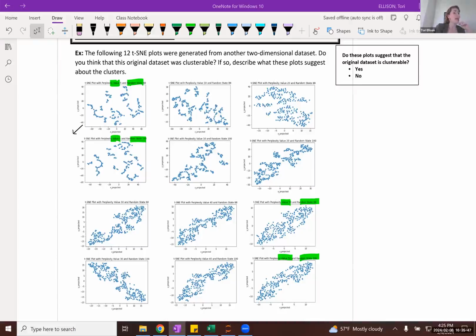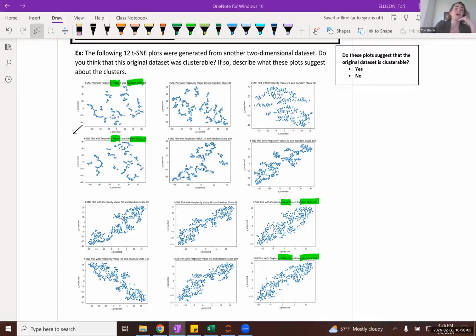All right, cool. So I like that I'm seeing some disagreement here because, based on simply these plots alone, there could actually be multiple sensible interpretations of the clusterability of this data set.